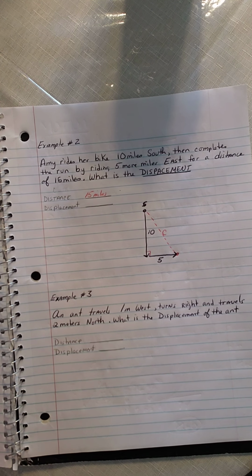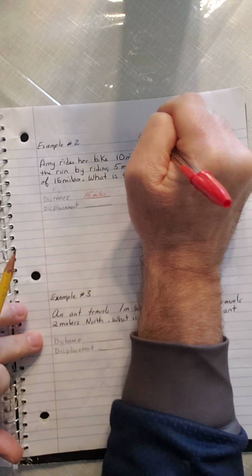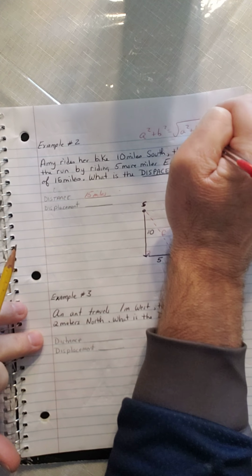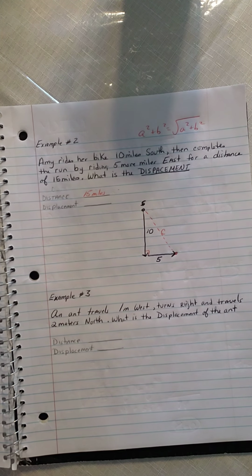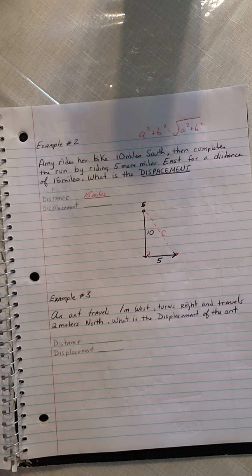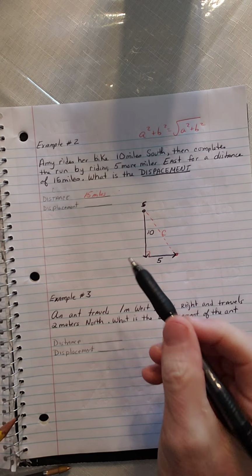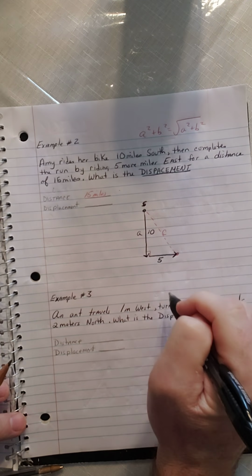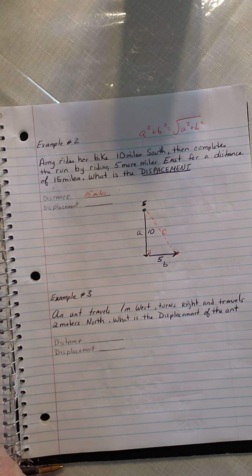All right, so using the formula, A squared plus B squared, and then the square root of the total, to give me my displacement, I would set it up this way. First thing I do, label. Doesn't matter which is A and B, so that I know.